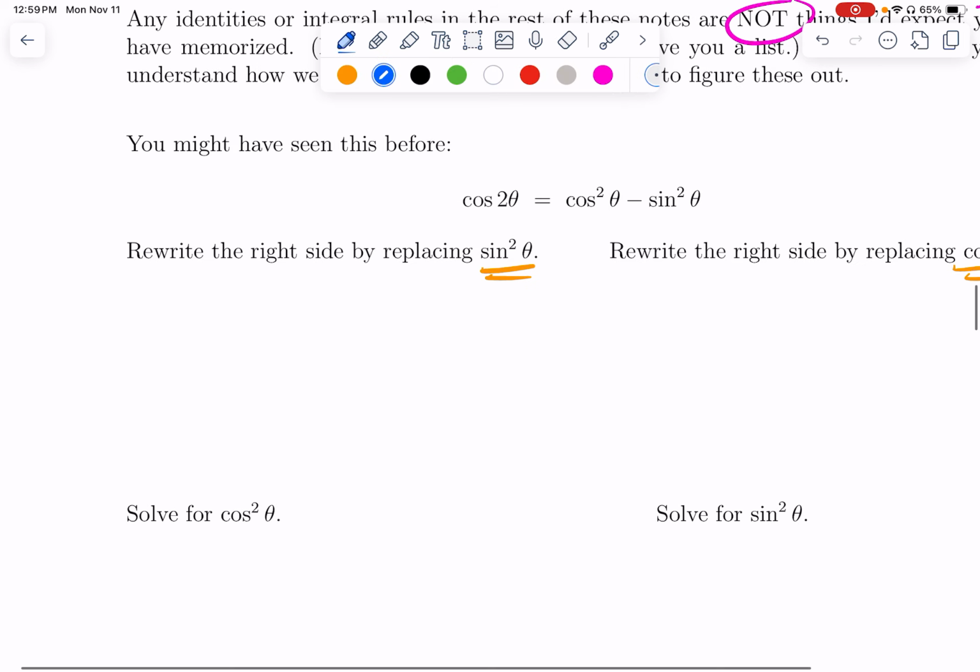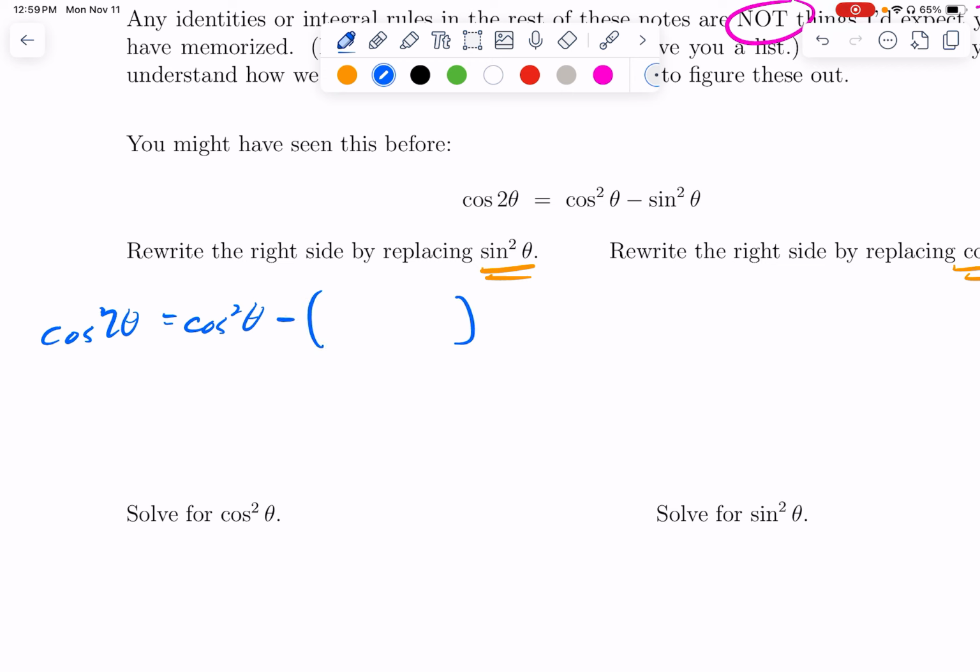Okay, so for this first version, I would have cosine of 2 theta equals cosine squared theta minus, and I know sine squared theta is 1 minus cosine squared theta. So if I distribute my negative and group like terms, here I have 2 times cosine squared theta minus 1.